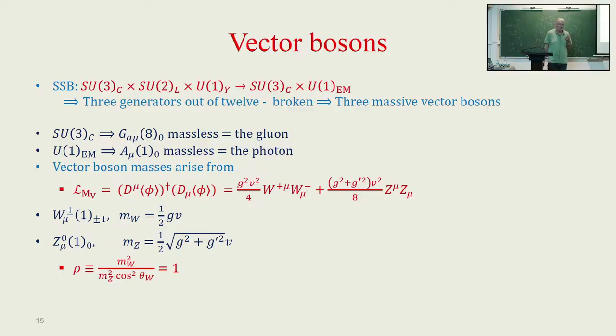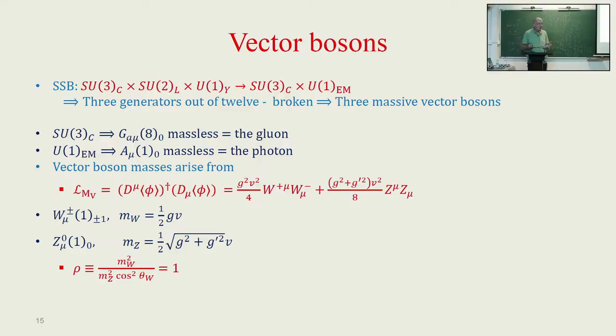Because you want to give the vacuum expectation value to the component that will be annihilated by T3 plus Y. But you could do it with other things than the doublet with hypercharge half.